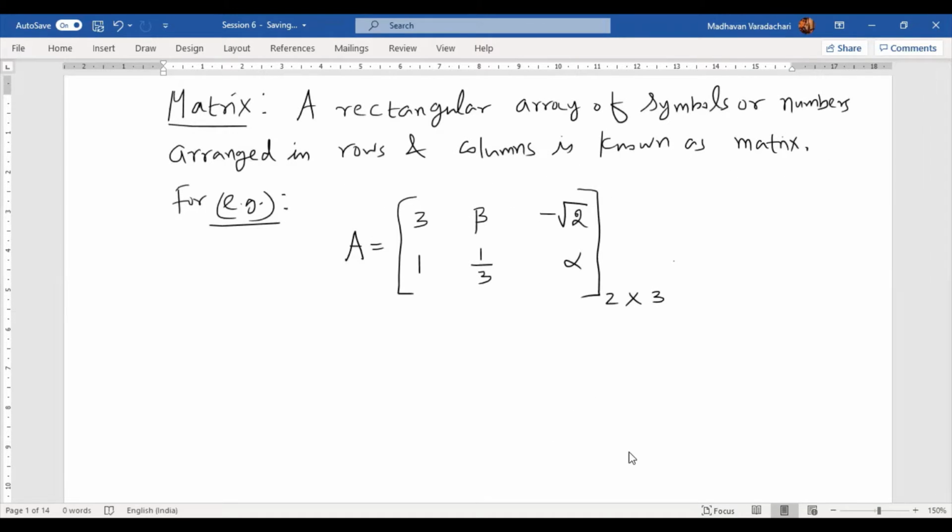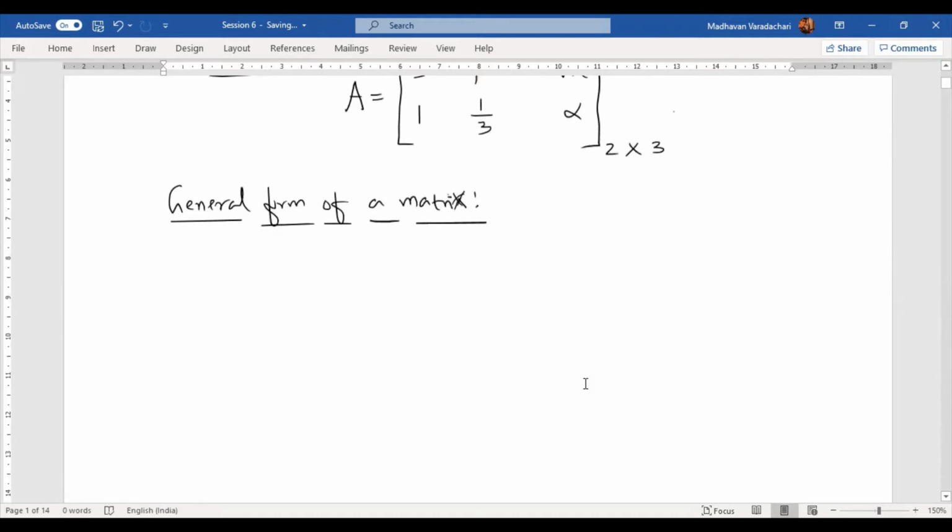So a general form of a matrix. Generally a matrix will be written like capital A is equal to, assuming that there are m rows and n columns.